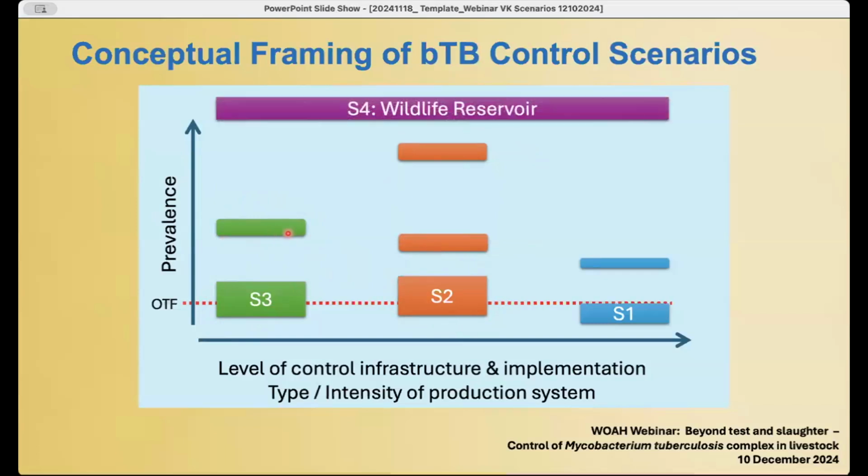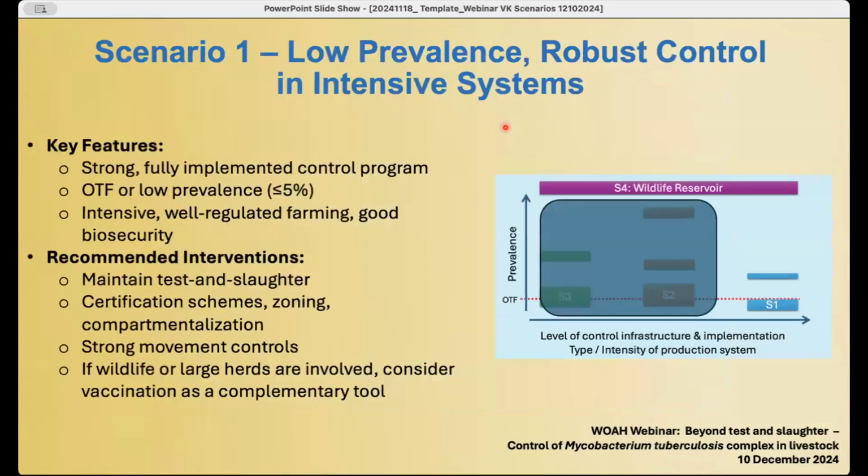Let's go through these, primarily considering the wildlife reservoir situation, which we labeled as scenario 4, which might occur in any of these. When you have an opportunity for spillover because of wildlife, that really changes the dynamic. So any of these scenarios might have a wildlife component that helps contextualize the epidemiologic framing of the problem.